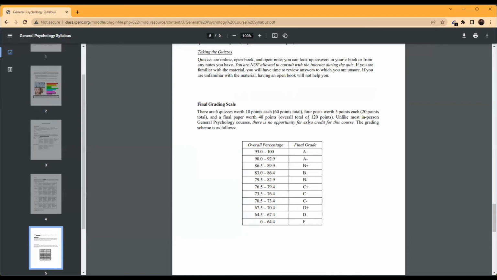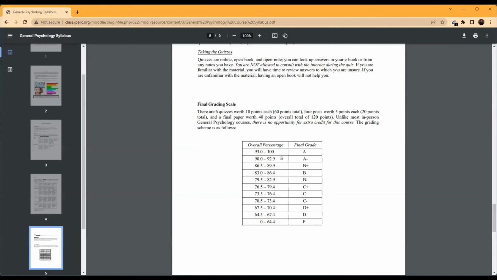Usually when we don't have decimal points for the points, you have to round up. So since 93% of the 120 points is 111.6, you will need 112 points to have an A, and so on.